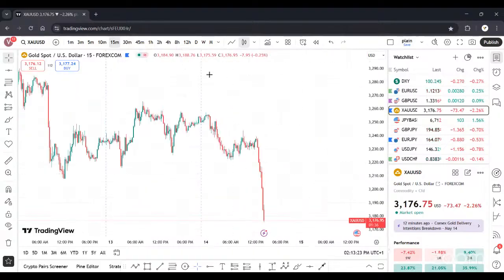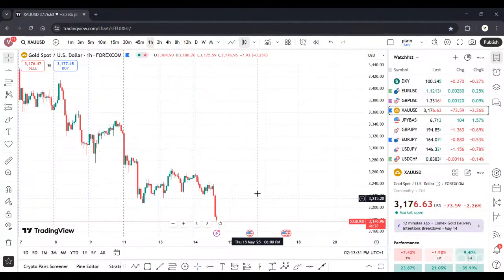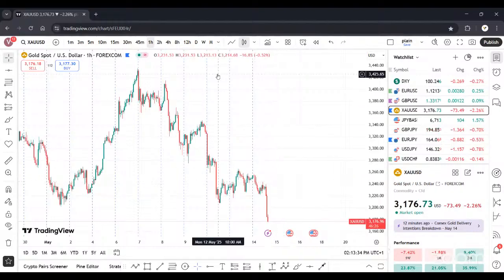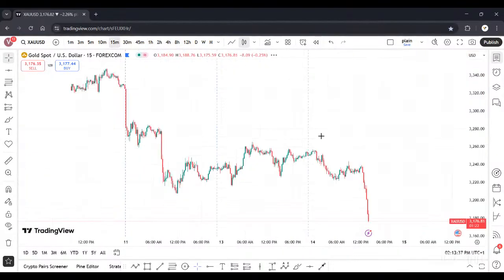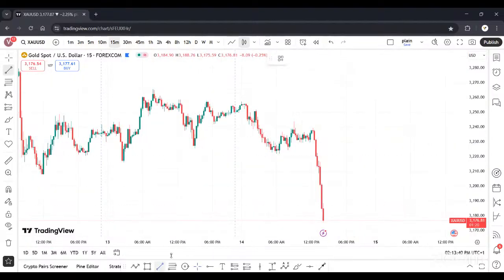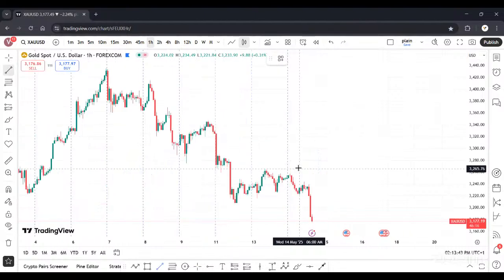Now that we've seen gold sell off this much, I'd like to see a brief retracement and then continue selling to the downside. We may not retrace all the way because of the volatility in the market and the intensity at which it's moving to the downside. But I just want to see a very brief retracement.